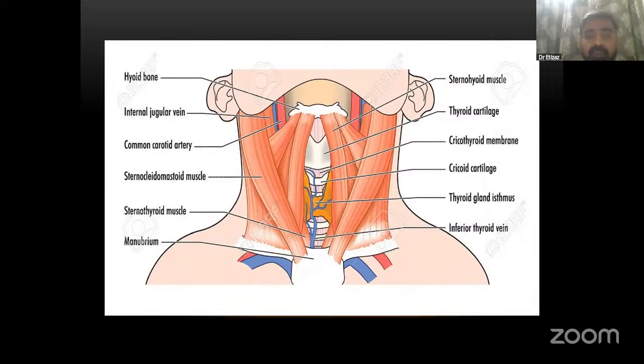When we want to see the dissected anatomy of the anterior cervical spine, we will remove the sternocleidomastoid muscle and see these two types of muscles: the pretracheal muscles and the prevertebral muscles. Look at here. This is the pretracheal muscles. You can see one by one what the pretracheal muscles are.